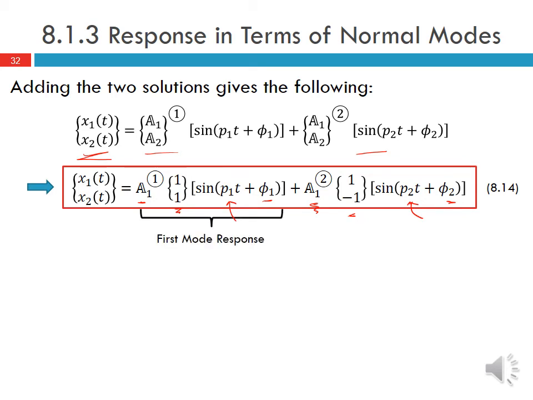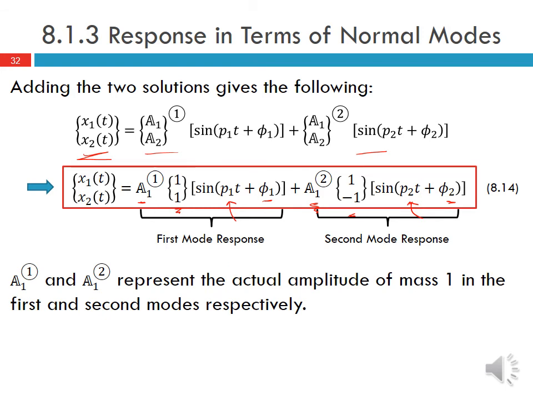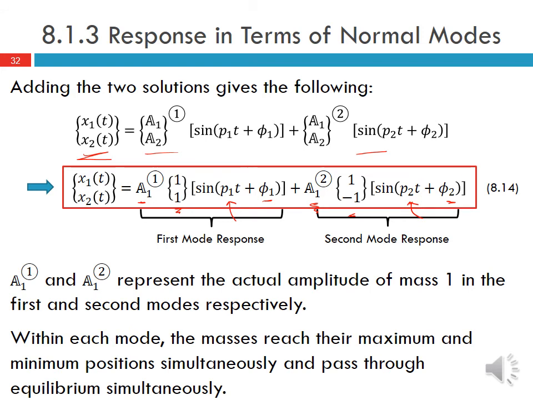So this is the first mode response and the second mode response, and the total response is just a linear combination of the two modes. So A1 1 and A1 2 represent the actual amplitude of mass 1 in the first and second modes, respectively. Within each mode, the masses reach their maximum and minimum positions simultaneously and pass through equilibrium simultaneously.